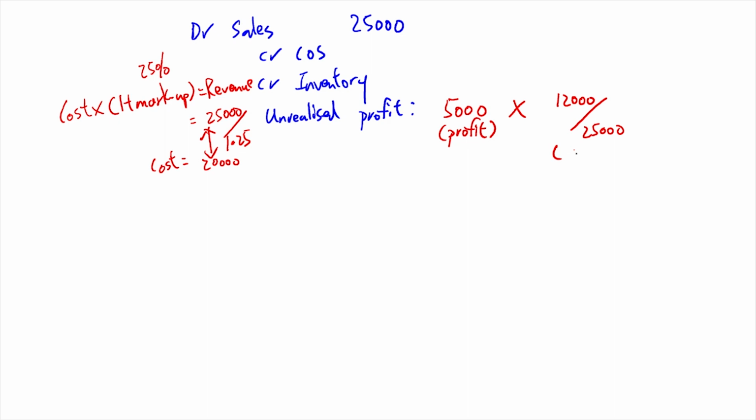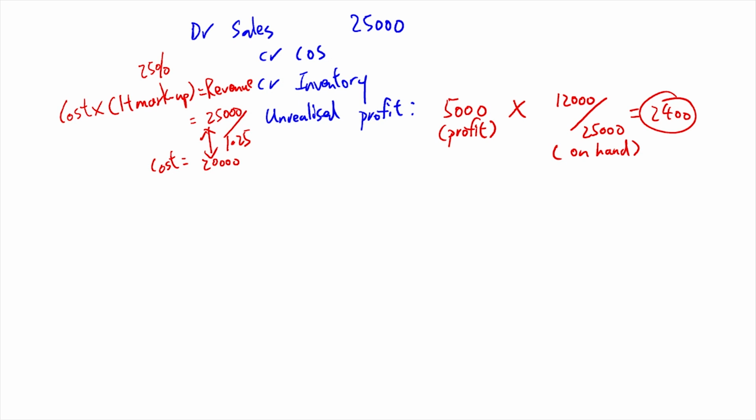This is the inventory on hand, because 25,000 is the original value of the inventory that's bought by the buyer. So we got 5,000 multiplied by 12,000 divided by 25,000. You'll work out that the amount of unrealized profit equals 2,400. And that's the key information.